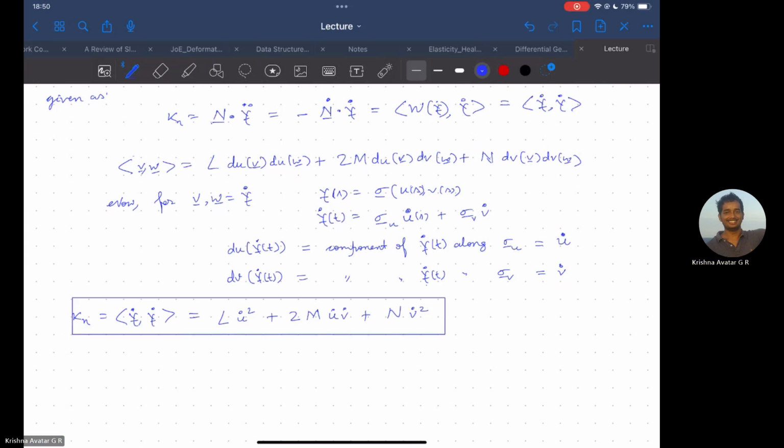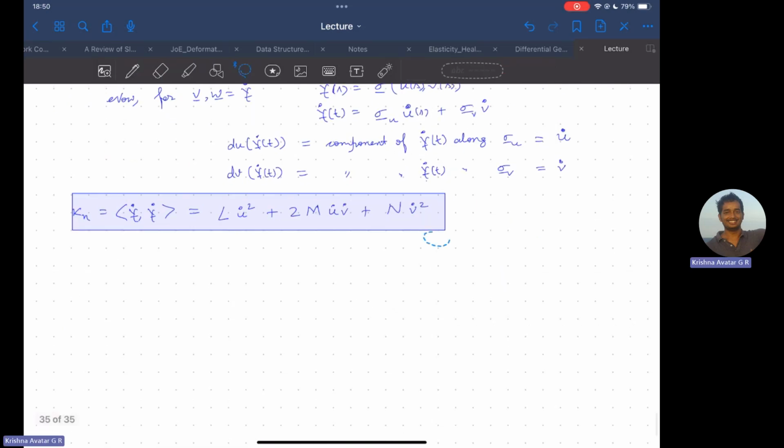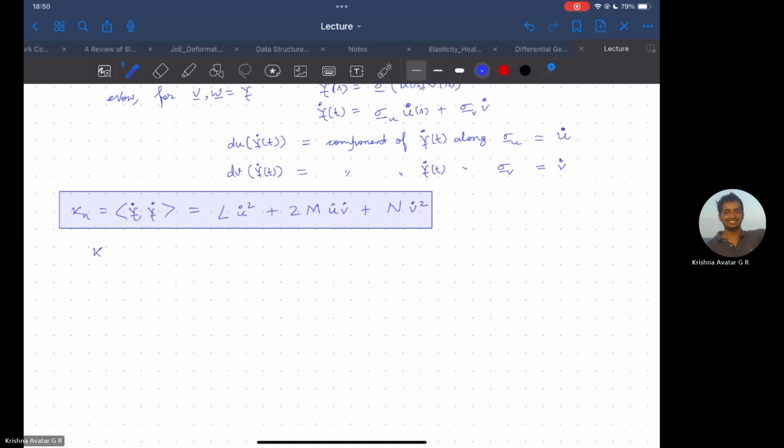What is to be noted is that kappa n depends on L, M, and N, right? Which again depends on the deformation of the surface, right?